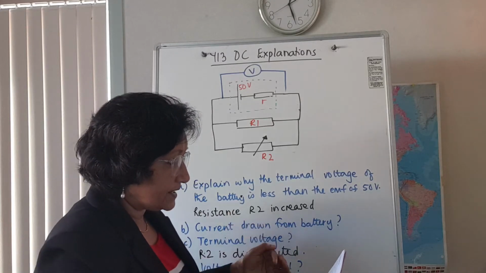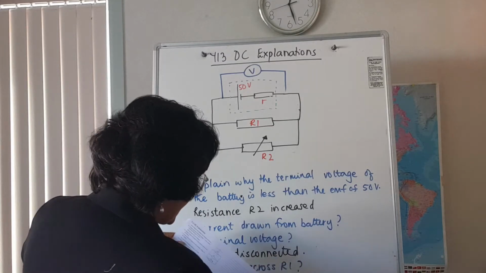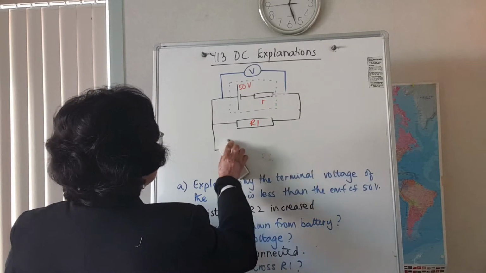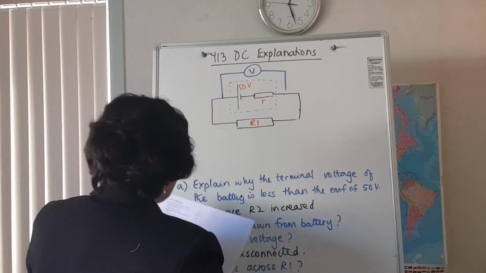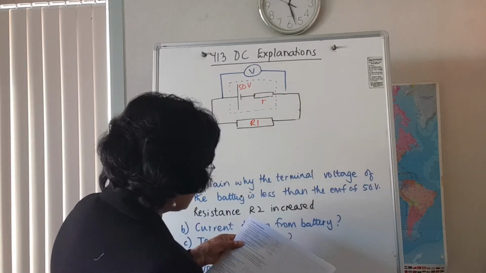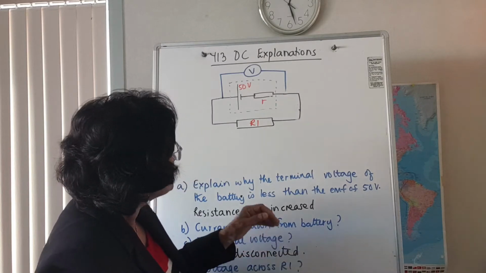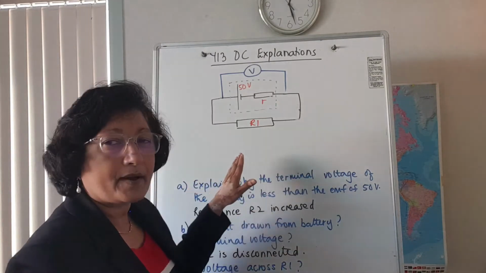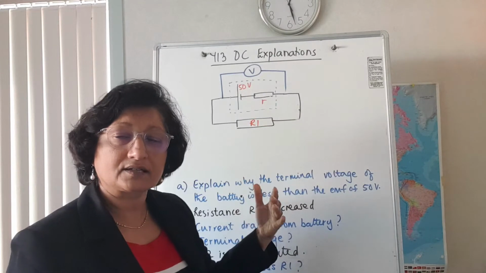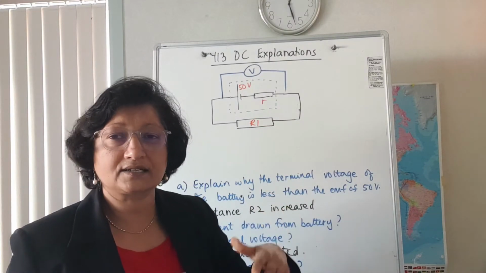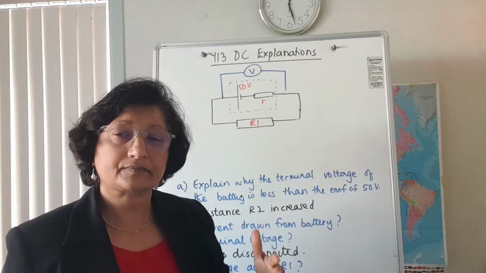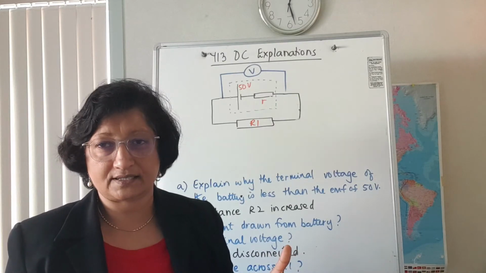And then R2 is now disconnected, leaving R1 by itself. So the circuit looks like this. What will happen to the voltage across R1? The moment you remove a parallel branch, you've actually increased the resistance, because adding resistors in parallel decreases the total resistance.